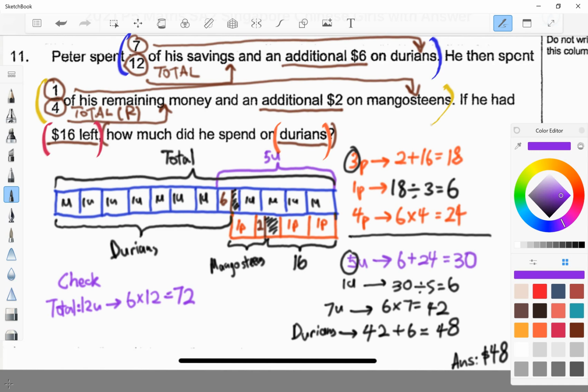And earlier on I have discovered that my remainder is actually 24. So the durian, I can also arrive at 48 by taking 72 minus the remainder of 24. And that leads us to 48 as well.